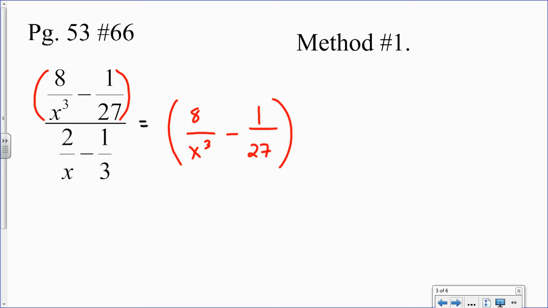Okay, so for method 1, we do numerator and denominator separate. We take care of those. And then we put them back together. So what I'm going to do first is I'm going to write this, instead of using this fraction bar, I'm going to write the divided sign. So I'm going to write the numerator. And then I'm going to put the divided sign.